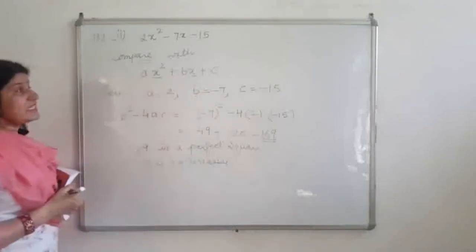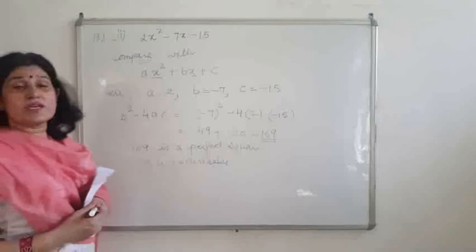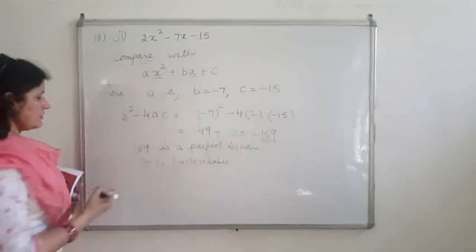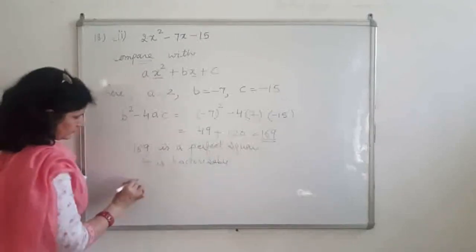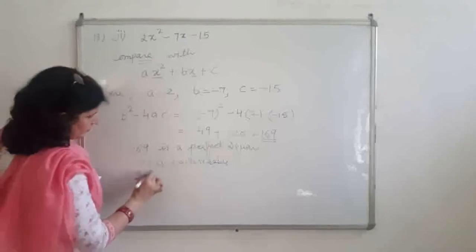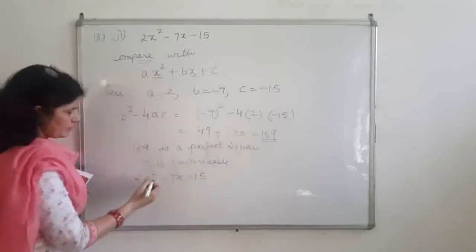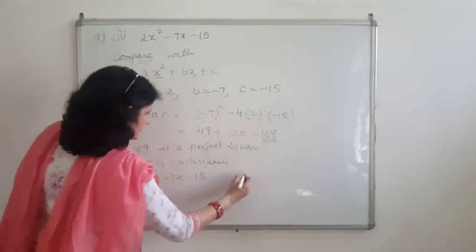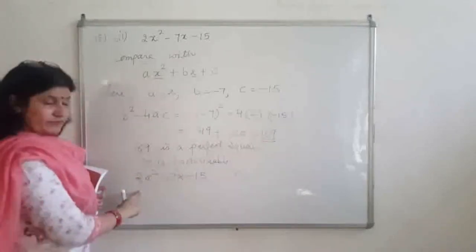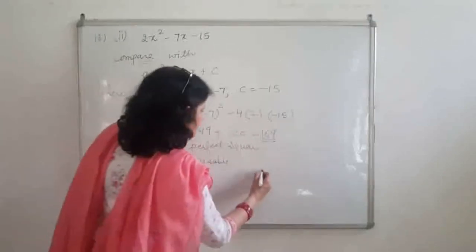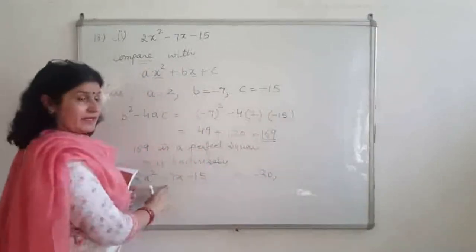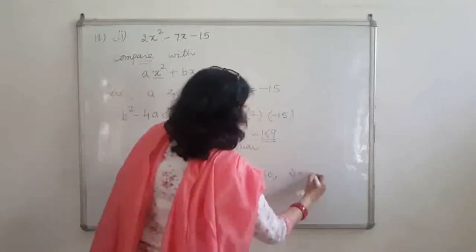Now we will take this equation 2x square minus 7x minus 15. Same method: the product we require is 15 and 2, you multiply, minus 30. Sum we require is minus 7.